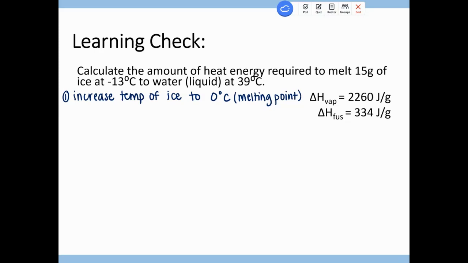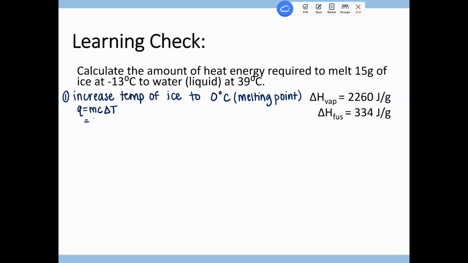What do you all say? Q equals MC. Yeah, Q equals MC delta T. Did anyone else say something different? See your hand raising and then going back down. Okay, we are changing temperature from negative 13 to 0 degrees Celsius. We need to use Q equals MC delta T.